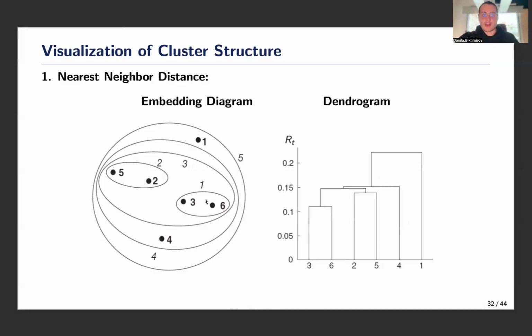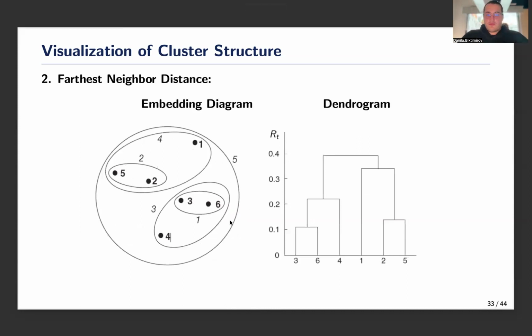On the second iteration, we have these clusters, and these two points are in the same cluster, so we're going to talk about only these clusters. On the second iteration, we union 2 and 5. On the third iteration, we have the smallest distance between clusters 1 and 2, and we union them into one big cluster. And then we just add 1 and 4 on the further iterations.